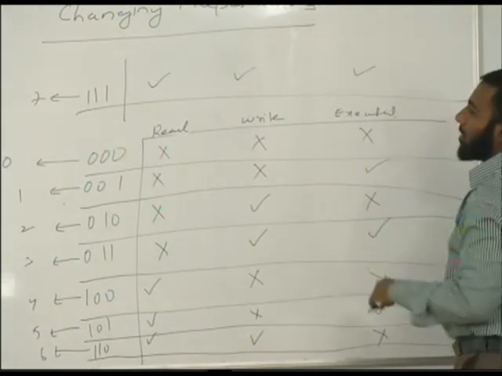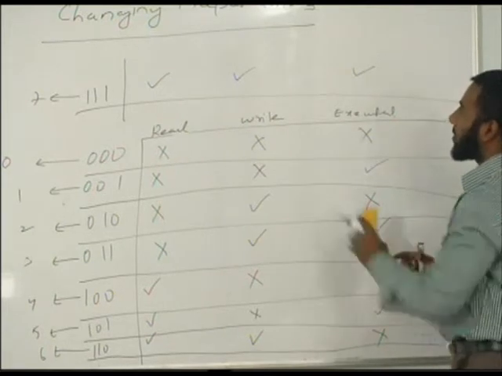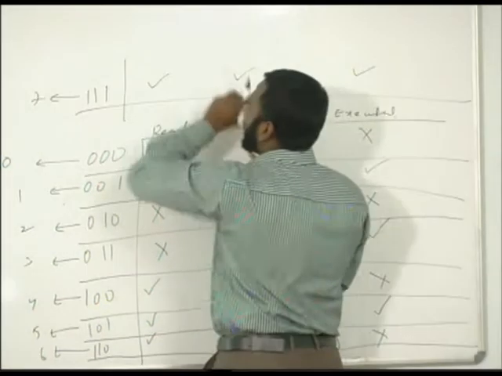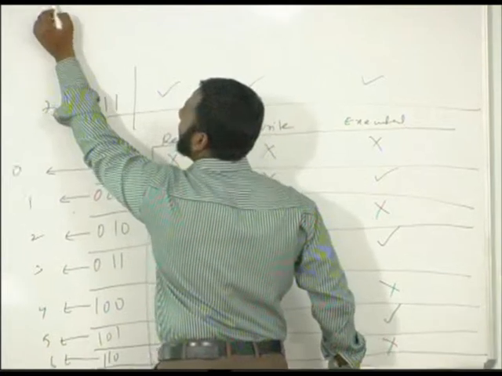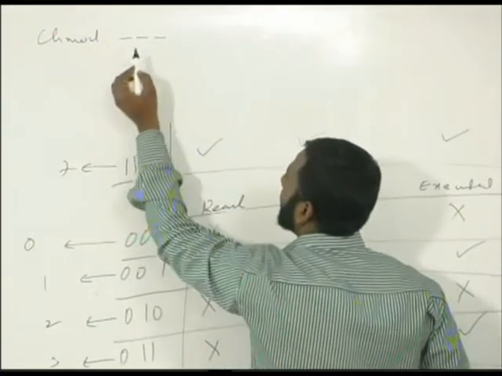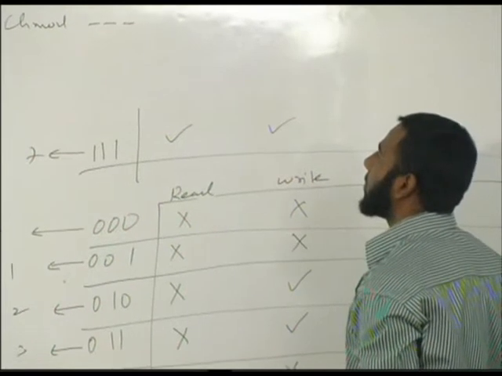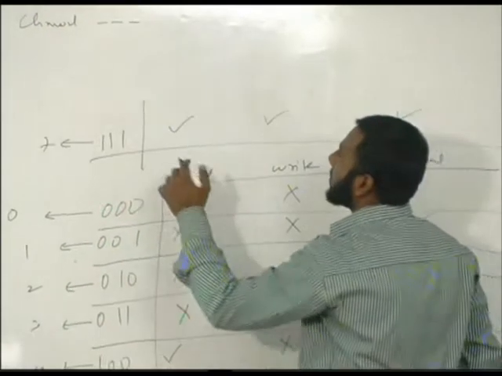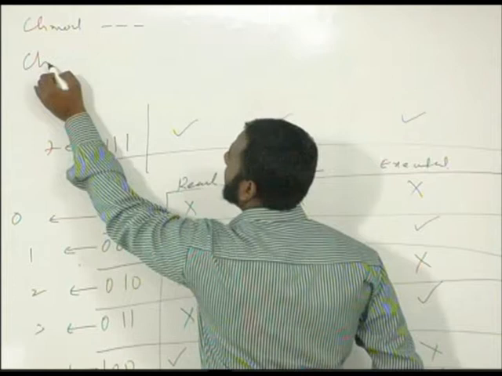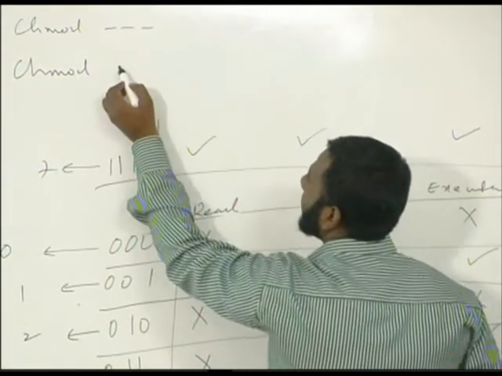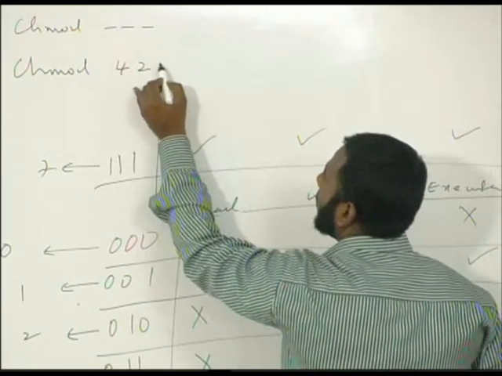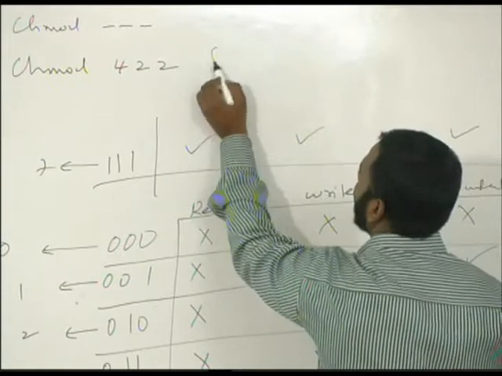But according to the syntax of the chmod command, it takes 3 numbers: one for owner, another for group, and the third for others. So suppose I am using chmod 422 and some file name.